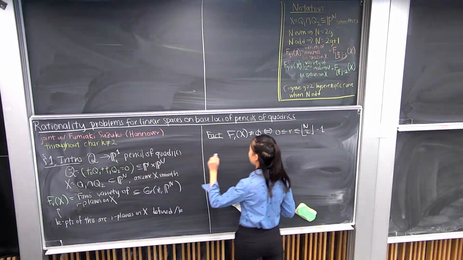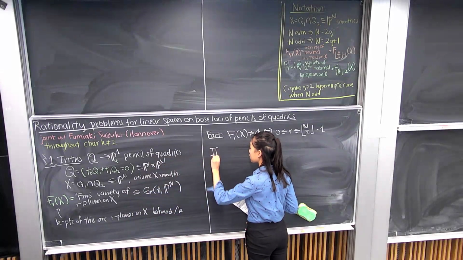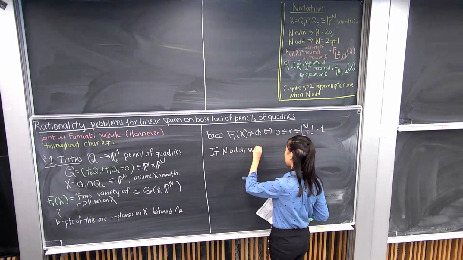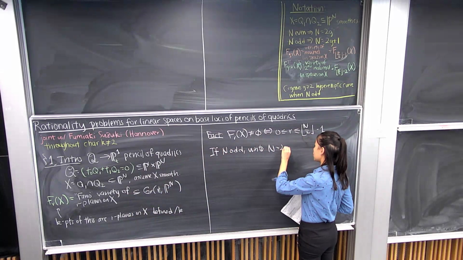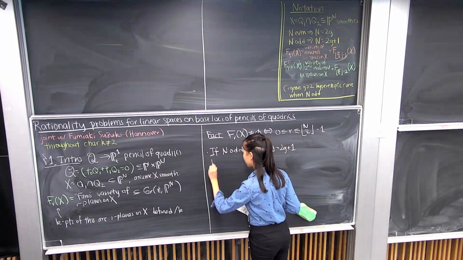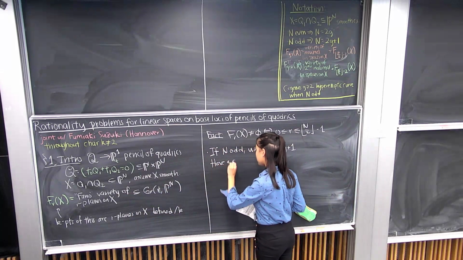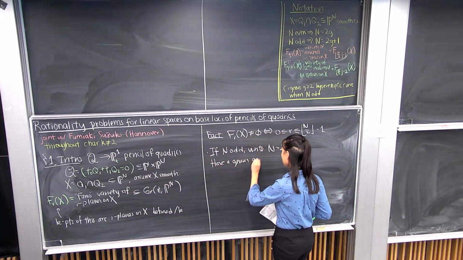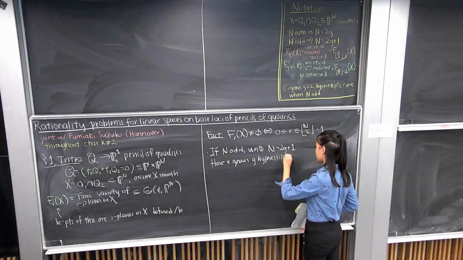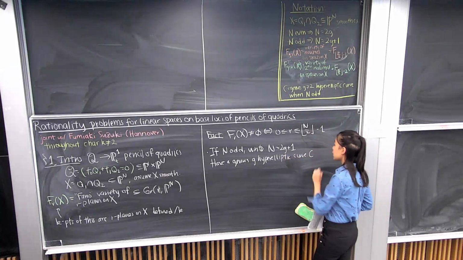Another piece of notation I want to introduce is that if n is odd, n is equal to 2g plus 1. In this case, we have a genus g hyperelliptic curve C associated to the pencil.